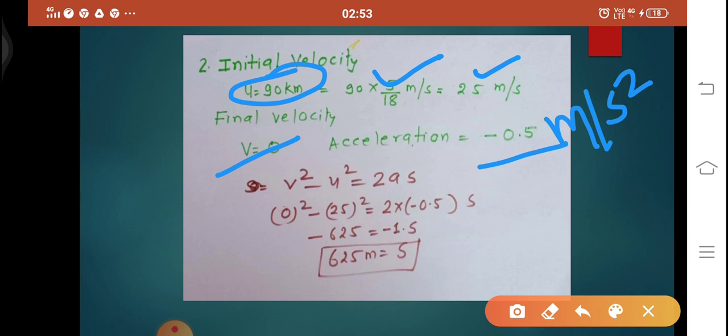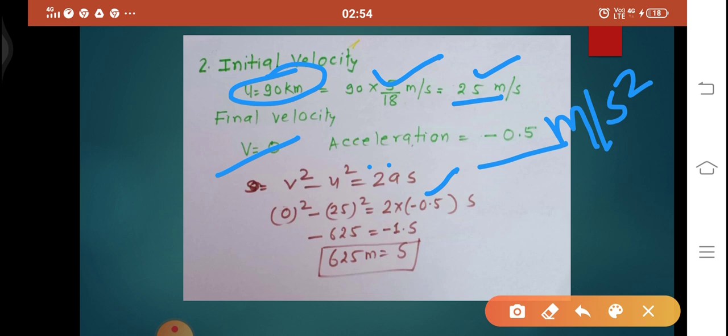So we will use v square minus u square equal to 2as. The final velocity is 0 minus initial velocity 25 meter per second square, equal to 2a, which is minus 0.5, into s. Now see, when we say a is minus, the acceleration means retardation, and the object definitely is going slow, and it will come to rest after some time.